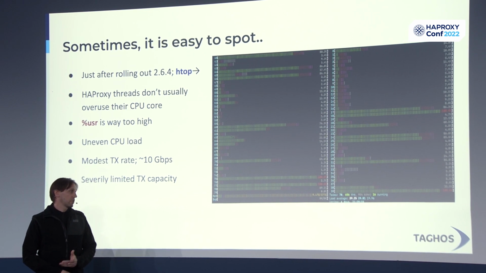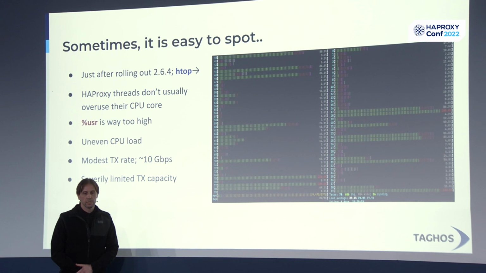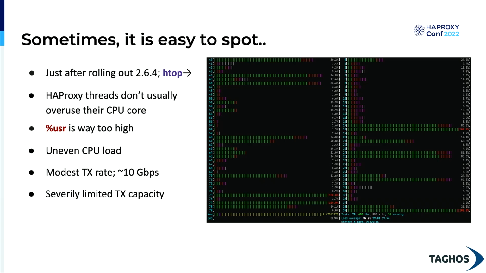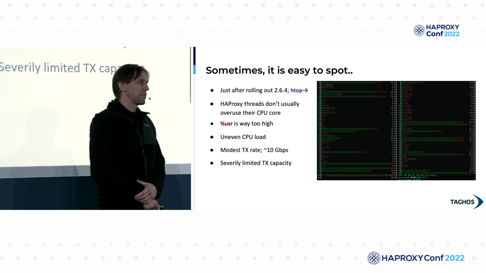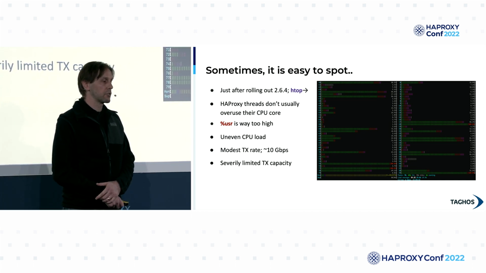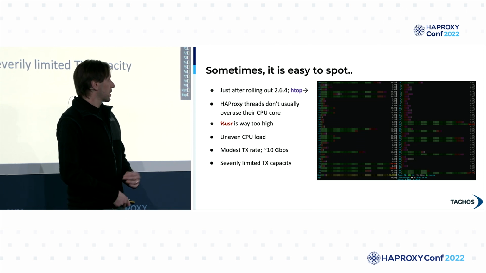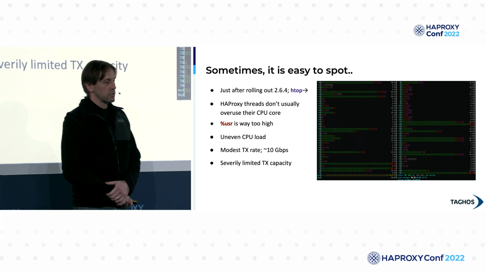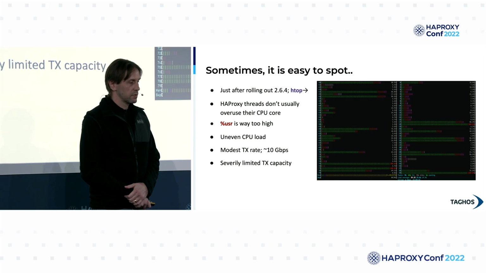So we could tell that there was too much CPU time being spent in user space, and it was accounted for HAProxy. The bars were uneven, so that suggests that there is also some kind of saturation. And this was at a very modest transmission rate, 10 gigabits per second.